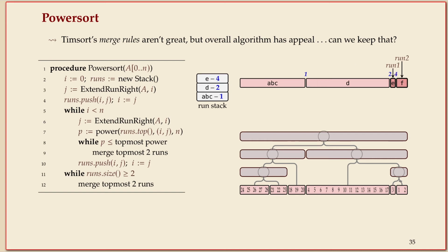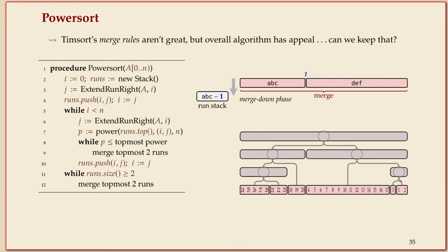And one more time. And then we are at the end of the array, so we go into this last part where we just merge the topmost two until we only have one run. And so this first merge again is this node. Then we merge the next two, which is this node.